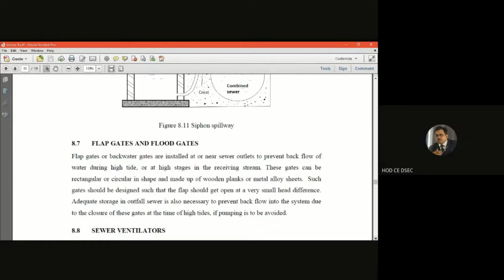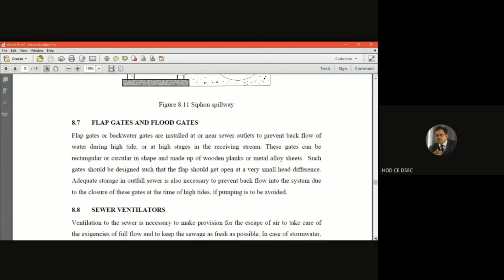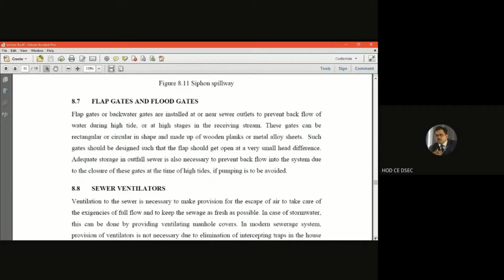Such gates should be designed such that the flap opens at a very small head difference, and adequate storage in the outfall sewer is also necessary to prevent backflow into the system due to the closure of these gates at the time of high tides, if pumping is to be avoided. So by providing the flap gates and adequate storage in the outfall sewer, we can avoid the pumping system.